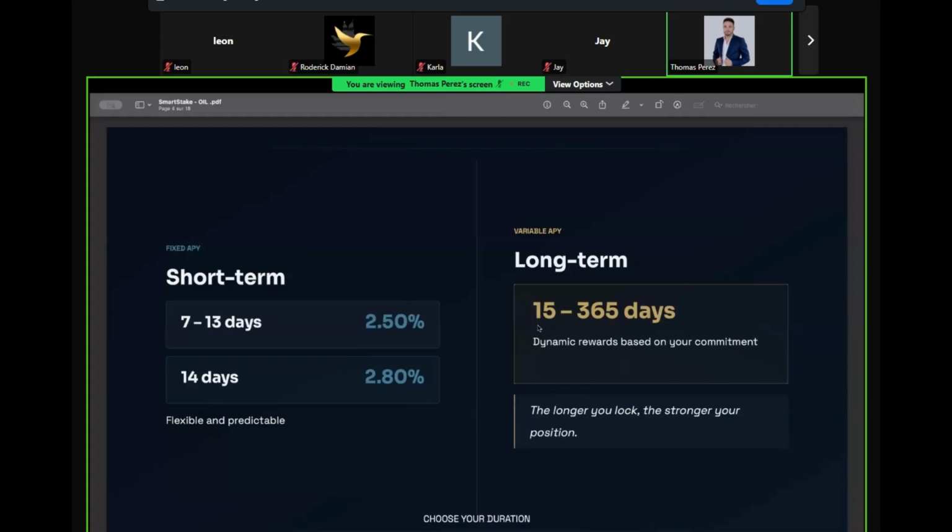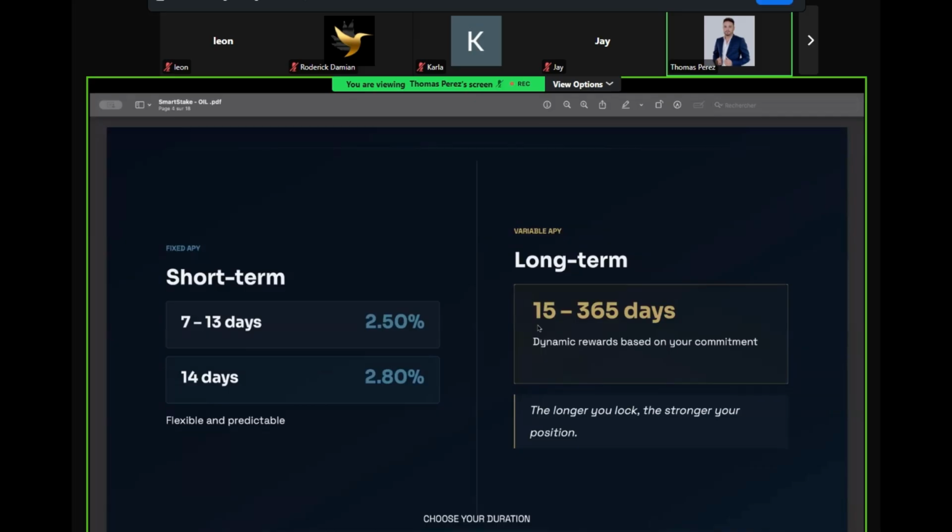And now beyond tiers, you also choose something very important: your lock duration. And here, there are really two different approaches. On one side, you have short-term staking with fixed APY from 2.5 up to 2.8. It's very simple. It's very predictable. And on the other side, you have long-term staking up to 365 days.